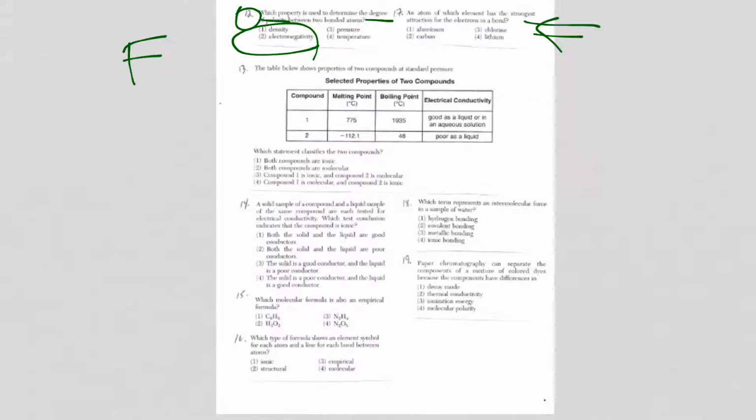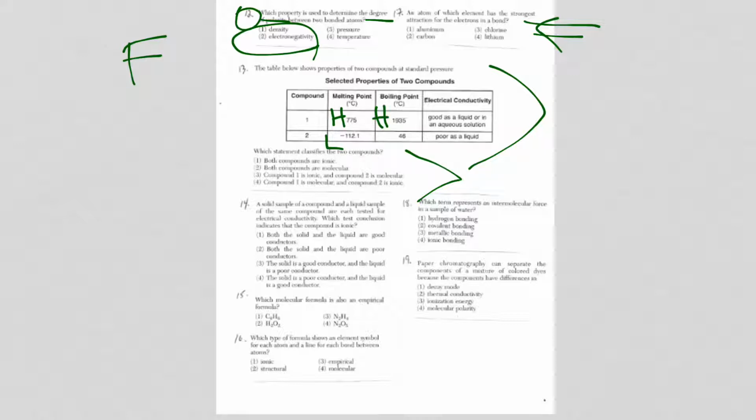Alright, so let's go back. Let's look at 13. So we have a table here, and it says which statement classifies the two compounds. Well, that means that you have to know properties of different compounds based on their bonding. Look at the melting points. Melting point here is high. Melting point for number 2 is low.